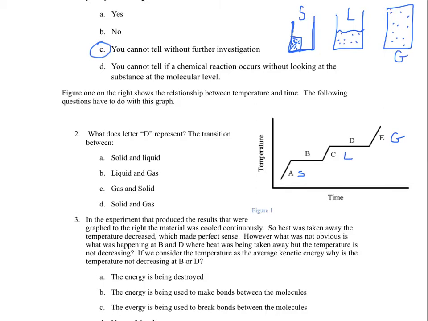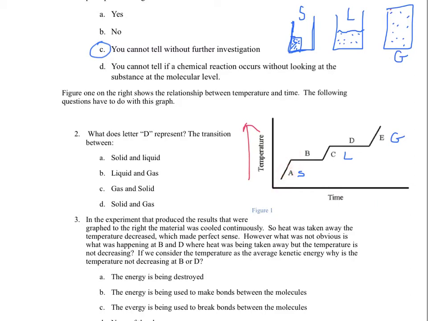So it makes sense when you're heating up, if you remember that as you go up in temperature, you're increasing the average kinetic energy. So as I increase the flame over time, the substance is going to get hotter and hotter. That's why this line rises.